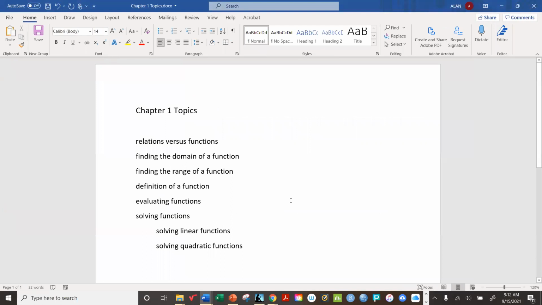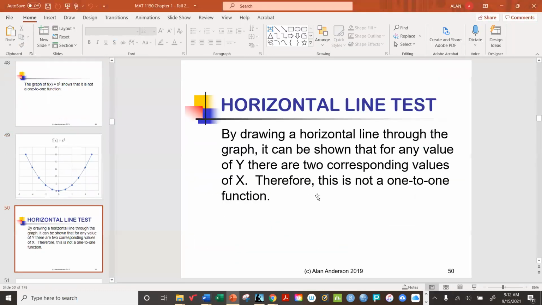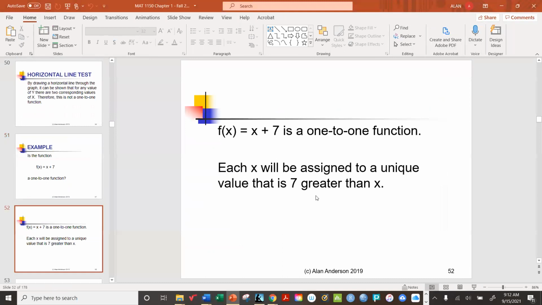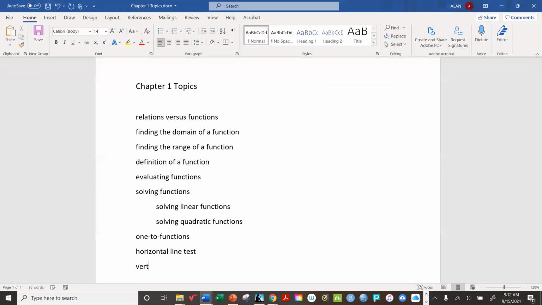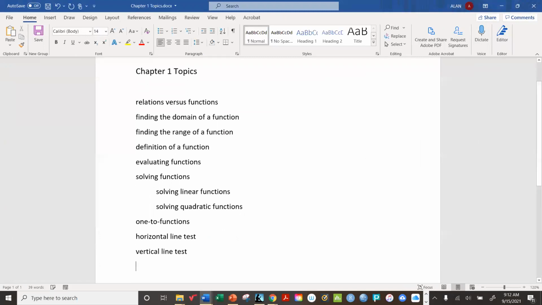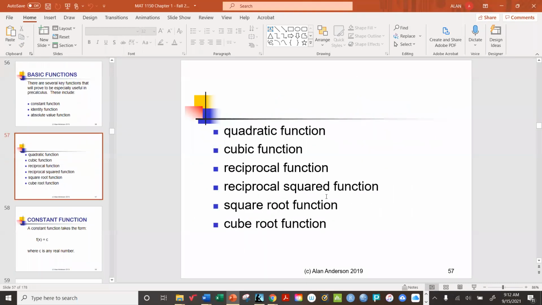One-to-one, and so these are more specific topics. One-to-one functions, that's a very simple topic. Okay, horizontal line test, vertical line test. See, the good thing though is that even if you just type something relatively straightforward, they'll show you some more examples.